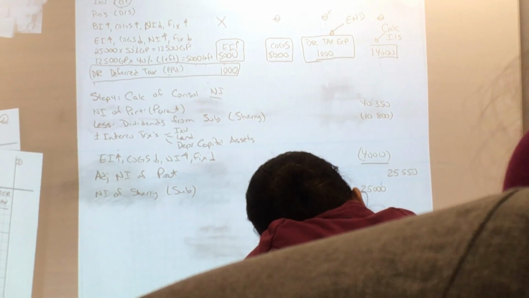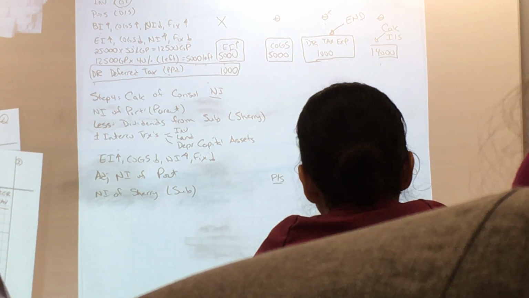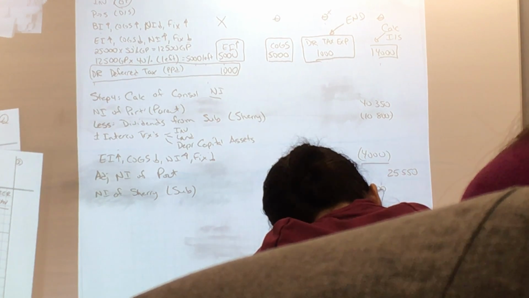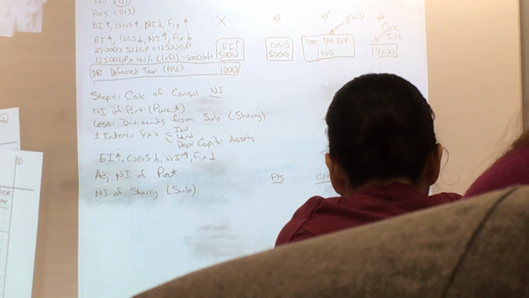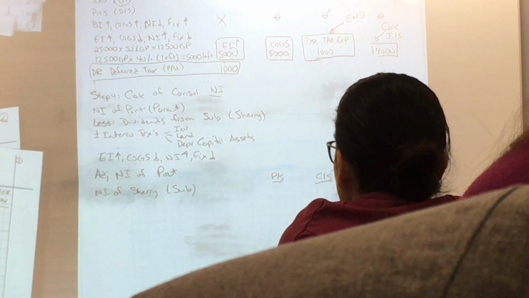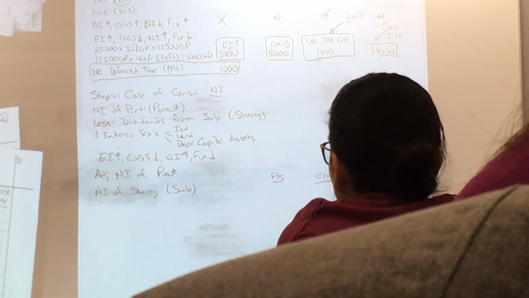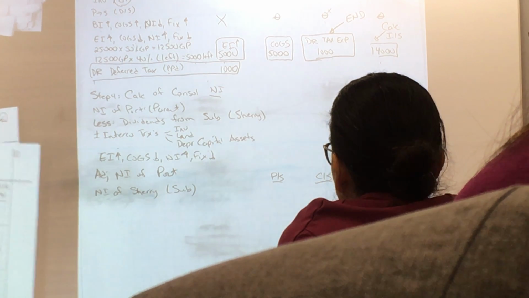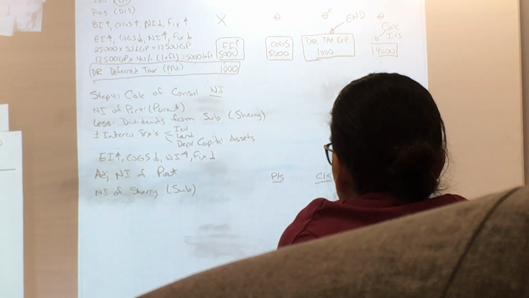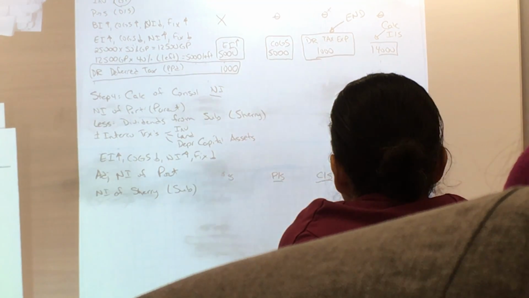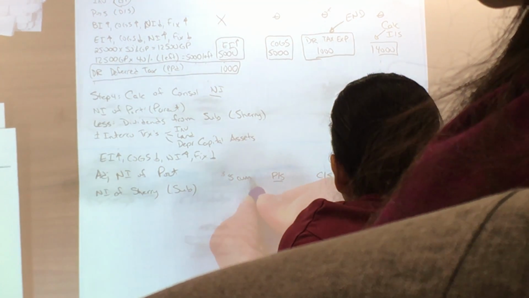Well, you notice I'm scratching my head. How do we allocate it? Well, what do we know about the preferred shareholders and dividends? In this question, what do we know about the preferred shareholders that relate to dividends? Yeah, they are cumulative dividends, right? They are $5 cumulative.